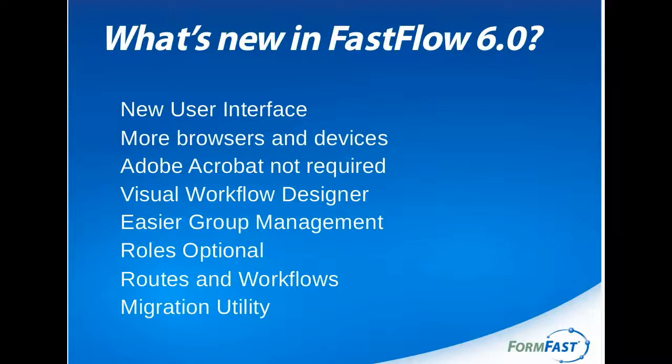You can move that into your production server, import it, and have all that work that you've done preserved, and it decreases the chance of human error while rebuilding a workflow in a production situation that was previously created in a test situation. So those are some of the things that we've added to FastFlow.